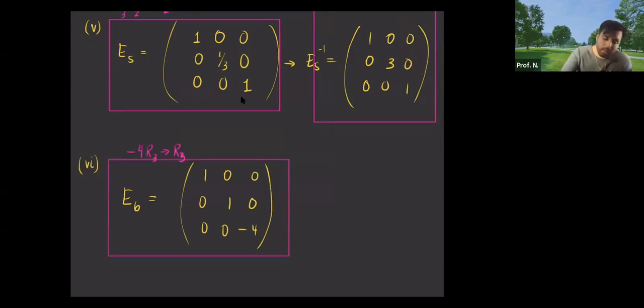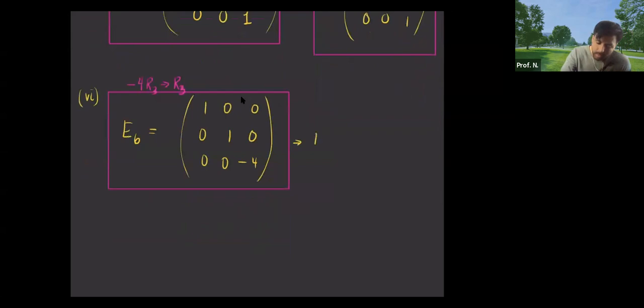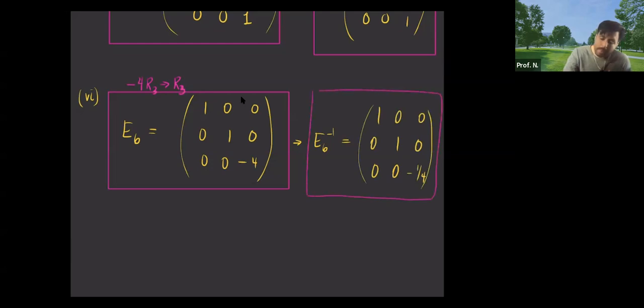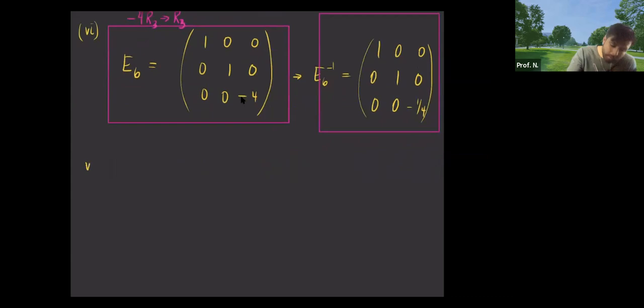Okay, and then the inverse is 1, 1, -1/4, 0, 0, 0, 0, 0, 0.